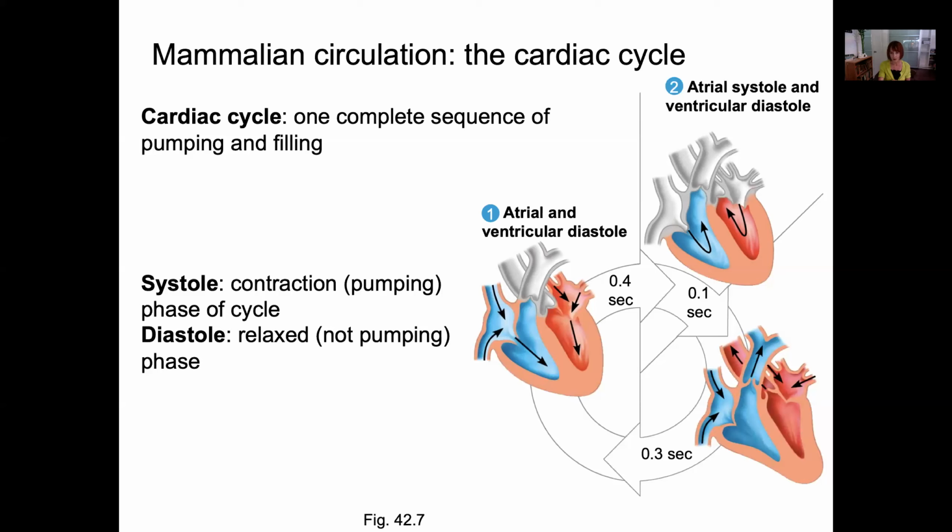And then the main contraction is for the ventricles, and this is ventricular systole, and at this point the atria are relaxed. Again, they're getting blood back from the systemic circuit and from the pulmonary circuit, but it's the ventricles that are pumping the blood out actively to the pulmonary and systemic circuits. Okay, so that is the cardiac cycle.